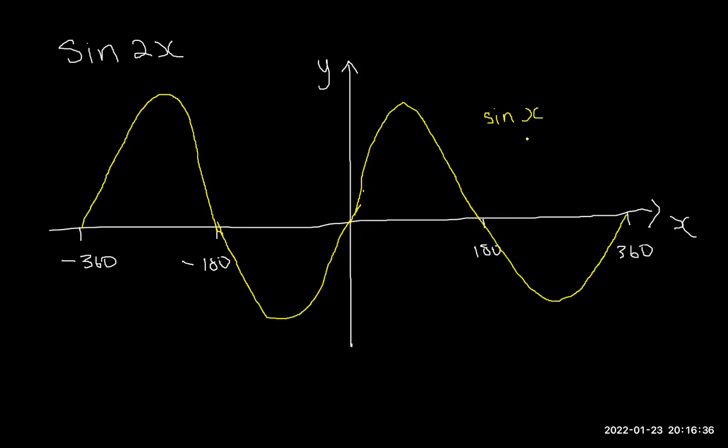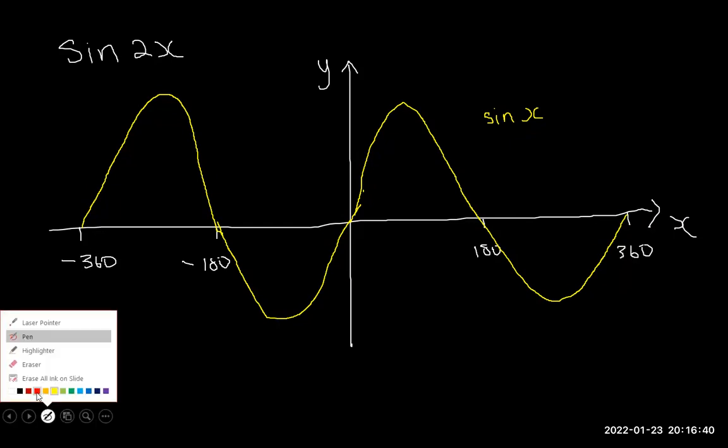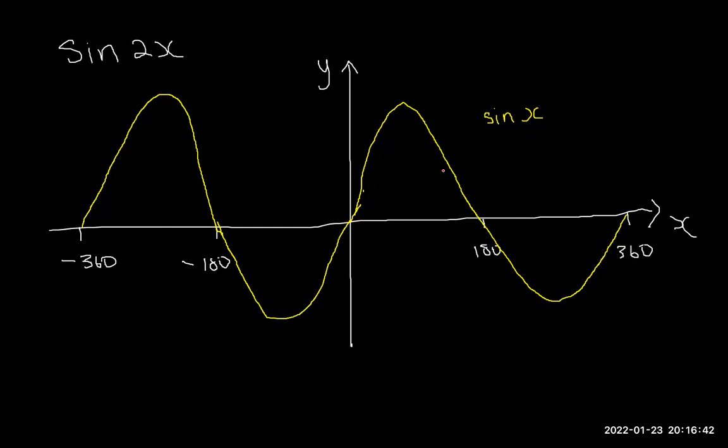So this is my graph of sine x. But what does sine 2x look like? Well, for those who will decide to do physics for A levels or some type of math, like pure math, integrated math, applied math, you'll have to learn how to sketch graphs of functions.